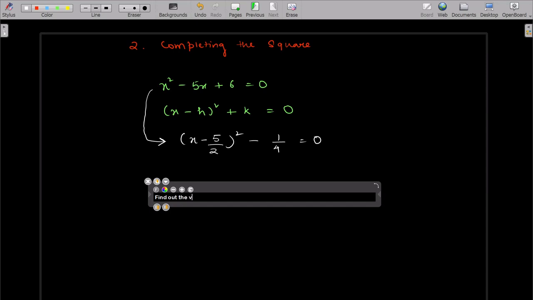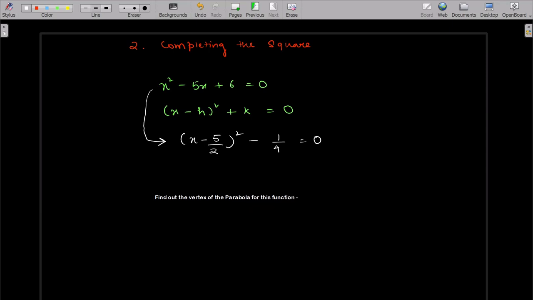So if they say find out the vertex of the parabola for this function, they'll give you the equation in the function notation that f of x is equal to x square minus 5x plus 6, and you must be knowing already that the graph of a quadratic function is a parabola.